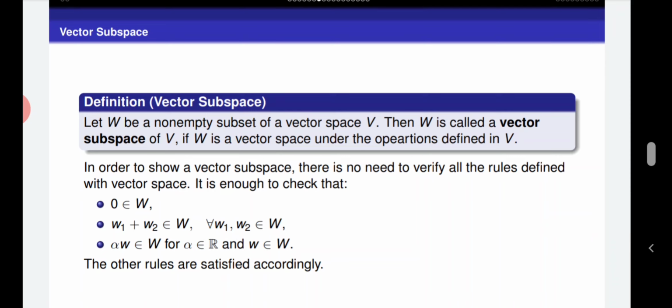It is enough to check that 0 belongs to W, w1 plus w2 belongs to W for every w1, w2 belongs to W, and alpha w belongs to W for alpha belongs to R and w belongs to W. The other rules are satisfied accordingly.